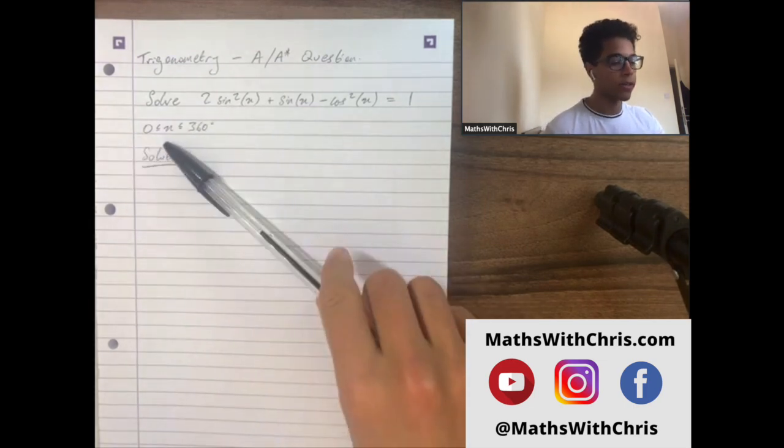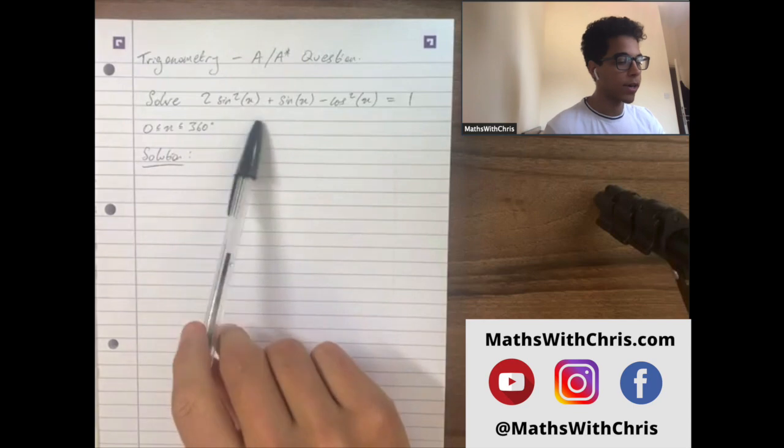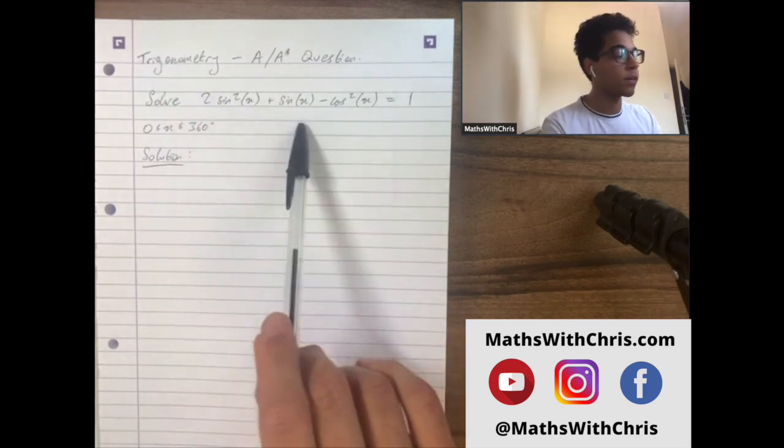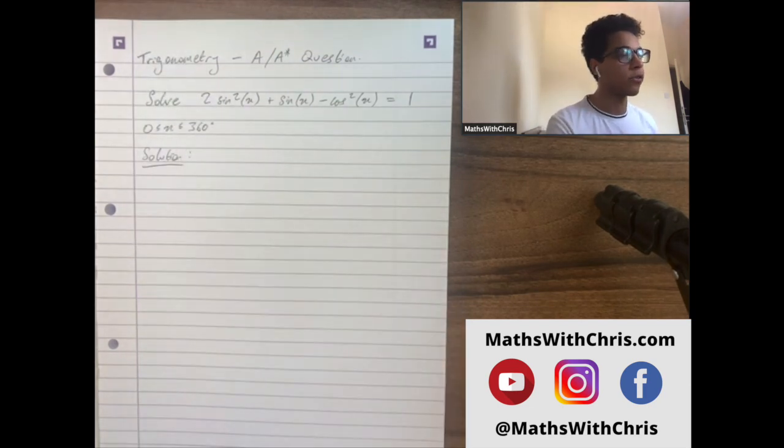So here's the strategy. Solve 2 sine squared x plus sine x minus cos squared x equals 1. Our strategy is we want to turn this into a quadratic, all involving just one trig variable. We can see we've got the squared terms there, so that is making us think it could be some sort of quadratic equation.